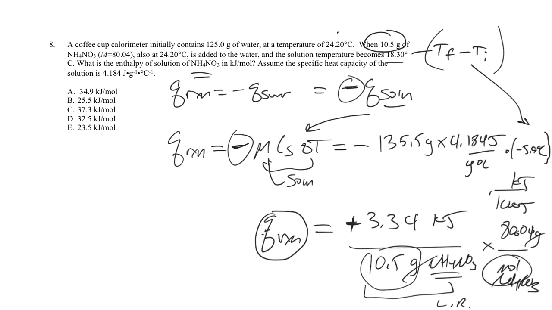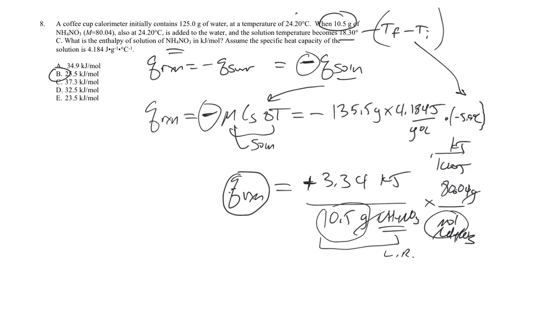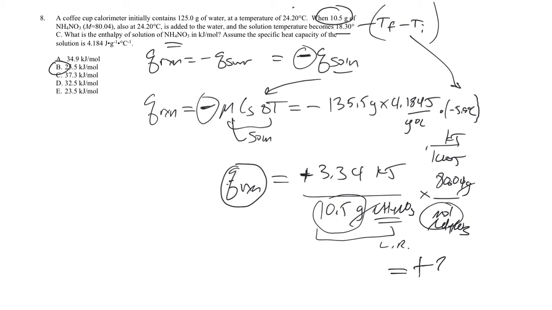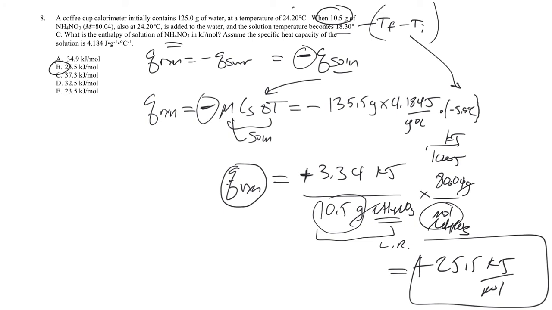So we do 3.34 divided by 10.5 times 80.04 gives me plus 25.5. Okay, so you just want to go from the heat change for the reaction in the calorimeter and then work that out in terms of kJs per mole.